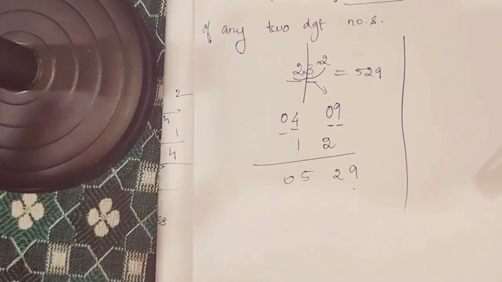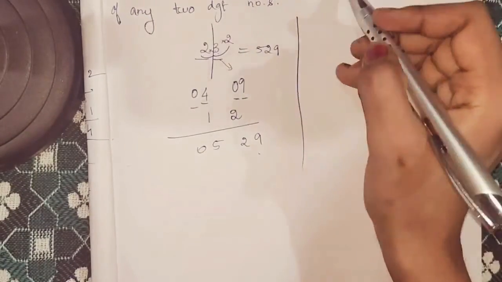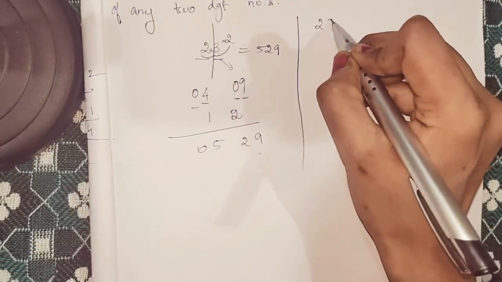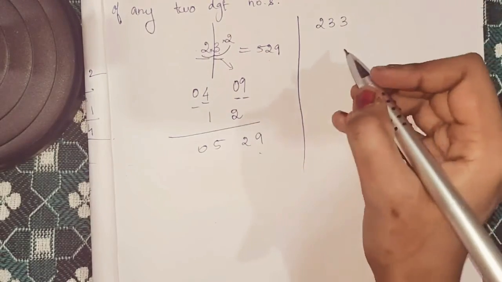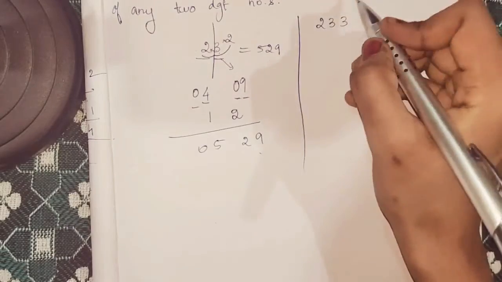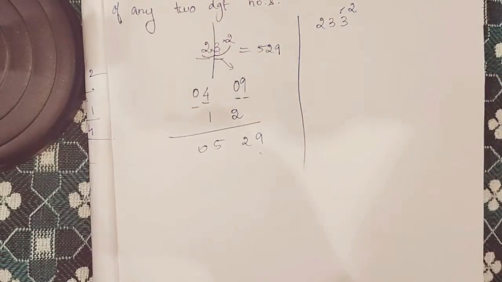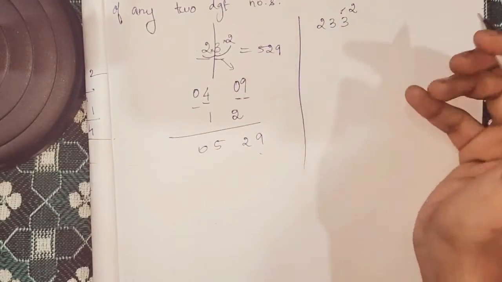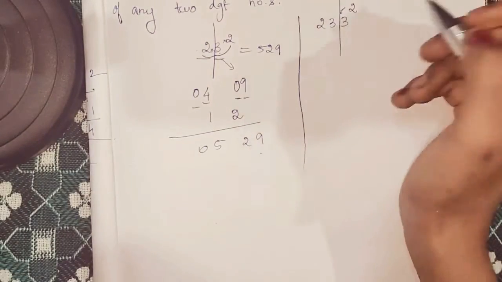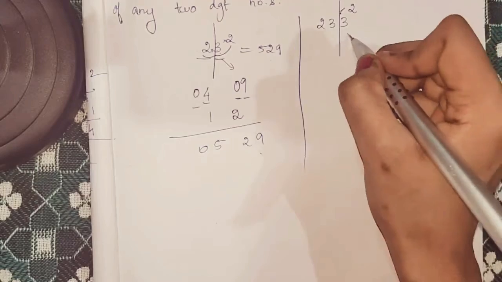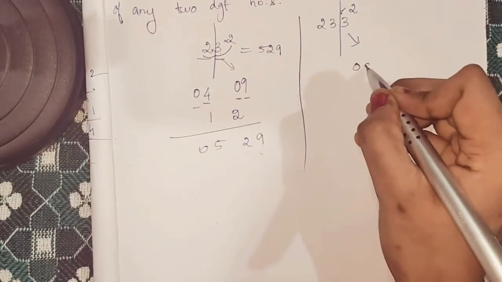Similarly, if I take a 3-digit number, say 233, what is 233 square? It will be very difficult for you to find 233 square. So what you have to do is split 233 like this, and say 3 square is 9, 09.